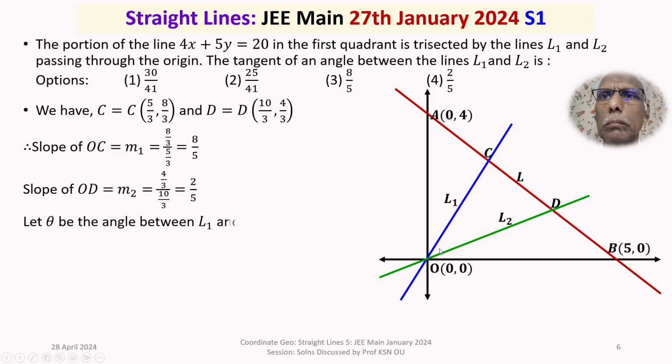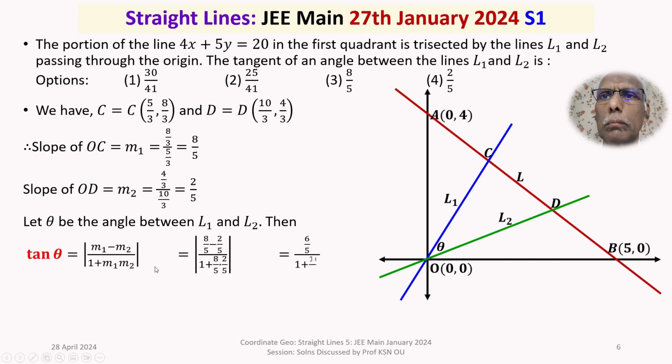So let theta be the angle between L1 and L2. Agreed. Then tan theta is equal to modulus of M1 minus M2 by 1 plus M1 M2, where theta is the acute angle because it is in the first quadrant only. Right. M1 value, M2 value, you substitute and simplify.